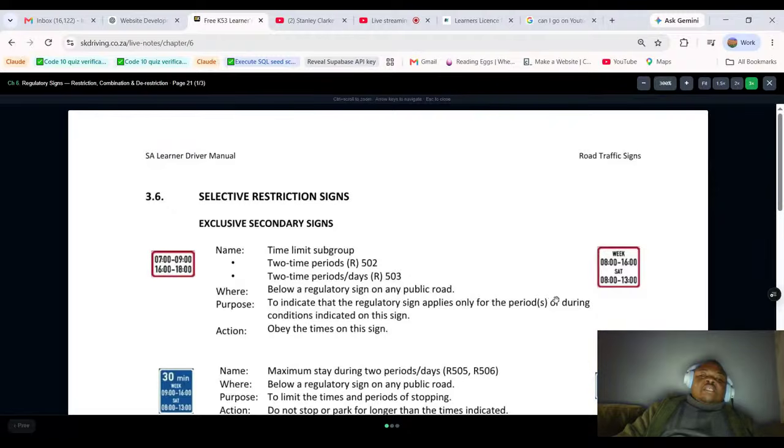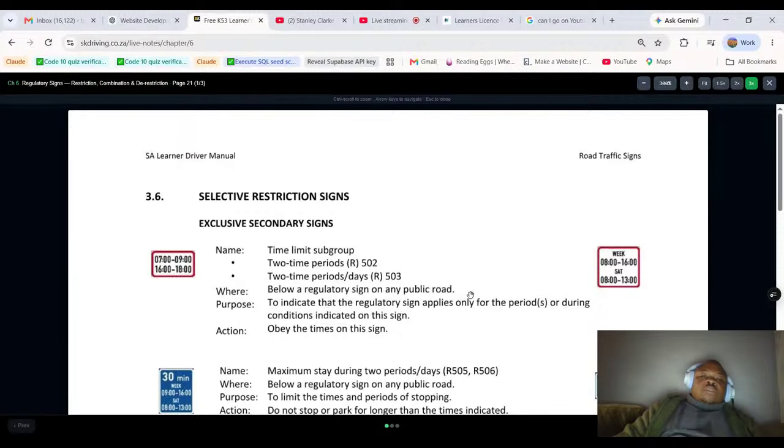This sign is usually paired with another sign. It's a time limit subgroup, and it has two time periods. These are two different times, and they are found below a regulatory sign on a public road.